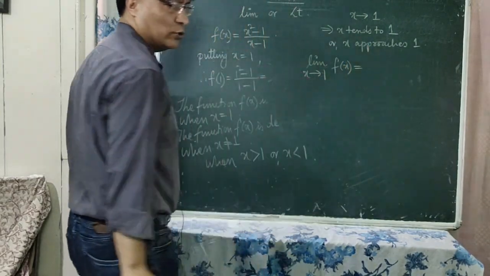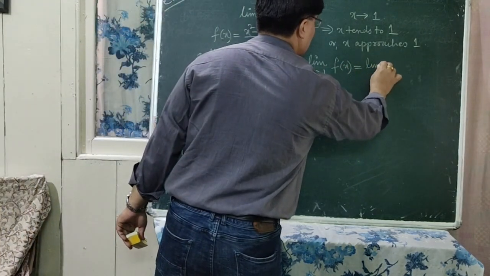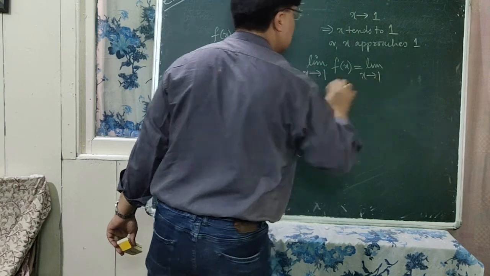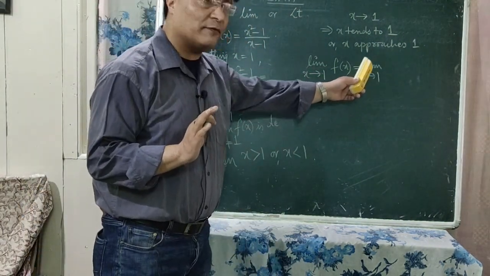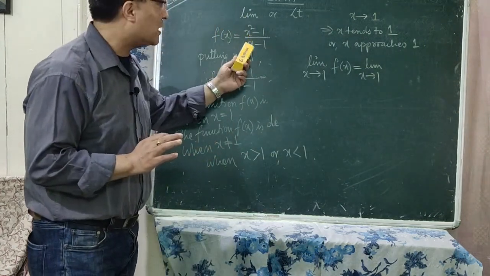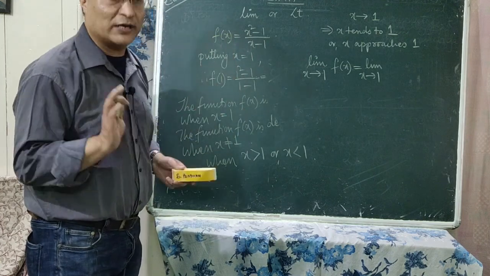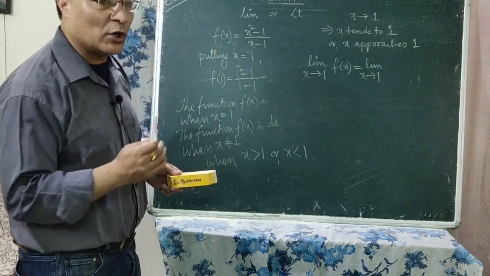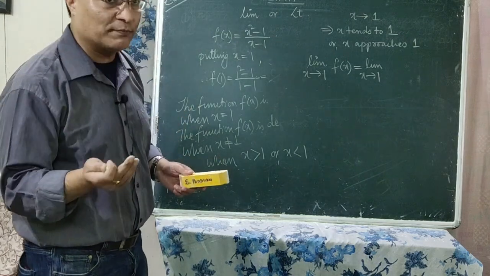So now limit x tends to 1 of f of x. I think you have understood the meaning of limit x tends to 1, because in this function when you put x exactly equal to 1, f of x is undefined. That is, we are getting 0 by 0, which is meaningless and is known as an indeterminate form.